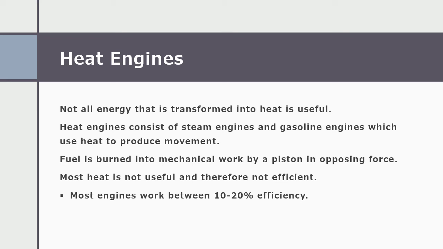The fuel is burned and converted into mechanical work by an opposing force. Most of the heat does provide movement for the engine, but most of it does leave the engine. Therefore, most engines work at only 10 to 20% efficiency.